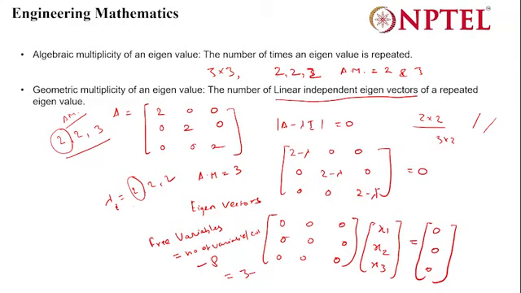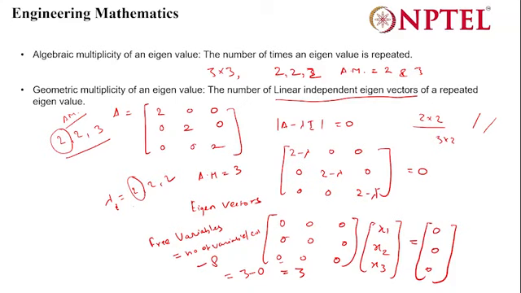We are calculating the eigenvector. Wait, it is not the answer. If your matrix is looking like that and you are not able to calculate x1, x2, x3, this procedure you have to follow. You tell me the rank of this matrix. 0, correct. So your free variables are 3.